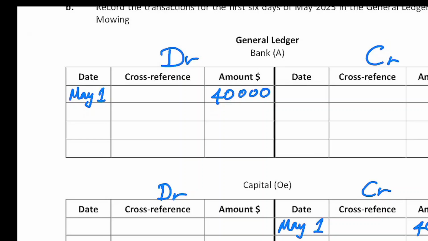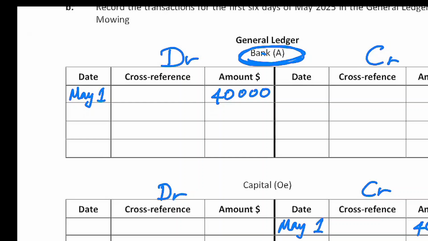Cross reference means, remember we said that every transaction is affecting two items. So when we are in the bank account, what is the other ledger account? OE. Which OE? OE is like an accounting element. What specific ledger account?